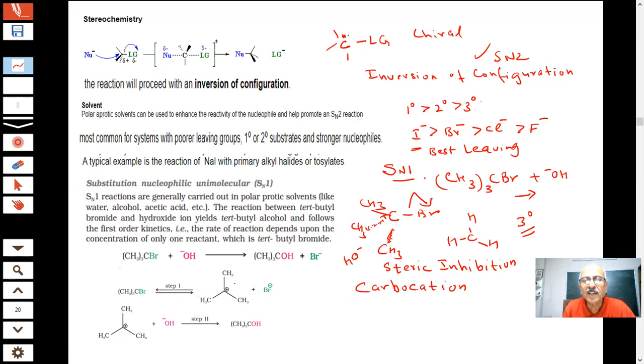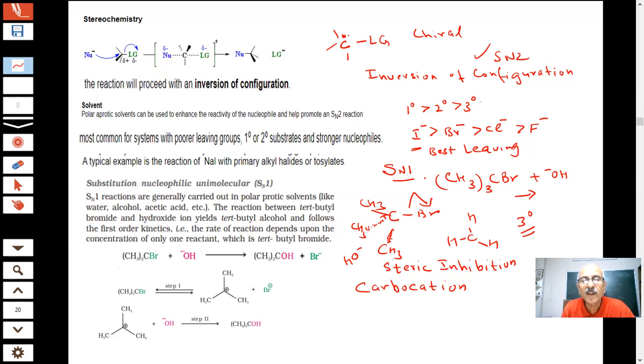After this carbocation is formed, the nucleophile can come and attack. It doesn't matter whether you take a strong or a weak nucleophile. All can attack because this carbon has a positive charge.